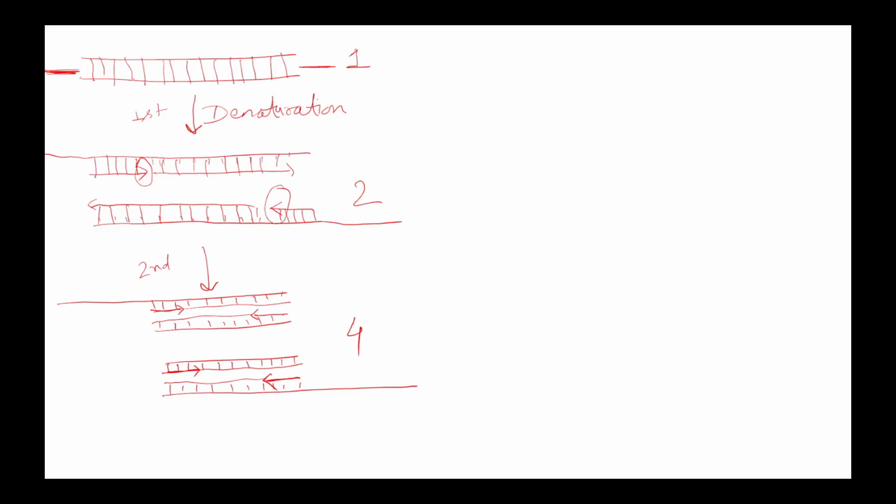So the first thing you are seeing is a denaturation step. The second step is annealing, which you can also call primer annealing, and the third step is extension.